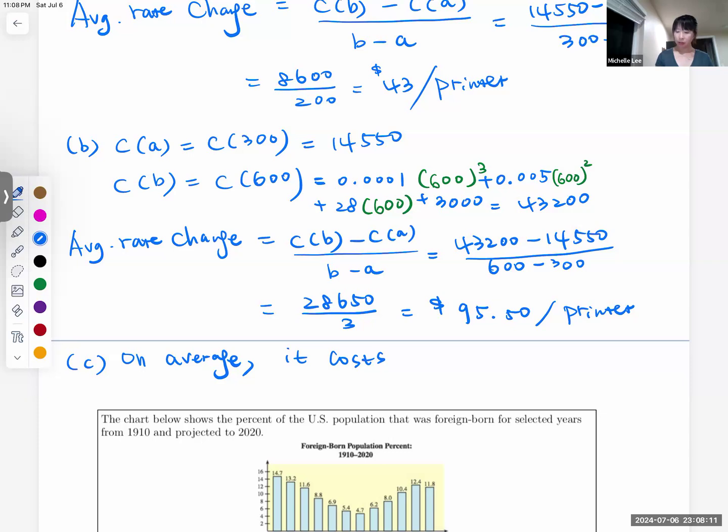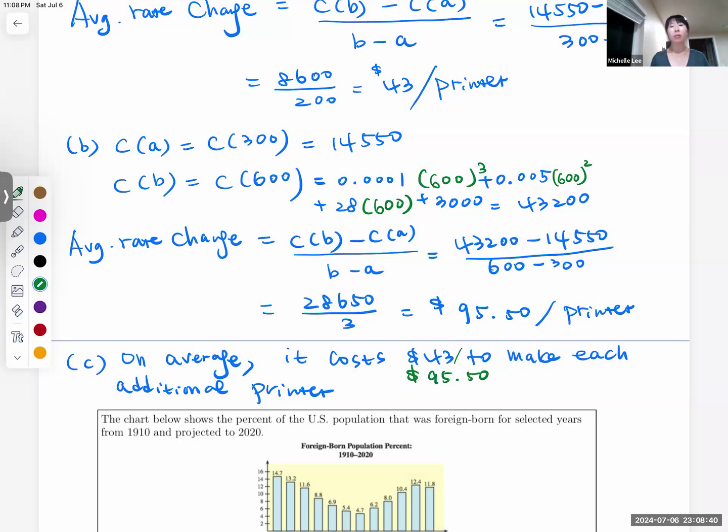It cost $43 to make each additional printer. And also for the second part is $95.50. Yeah. It's okay. All right. Let's do.